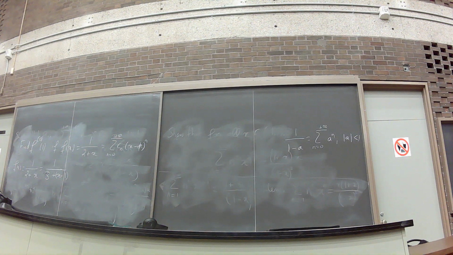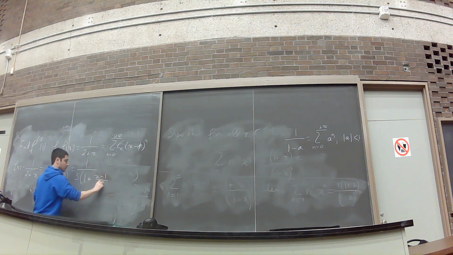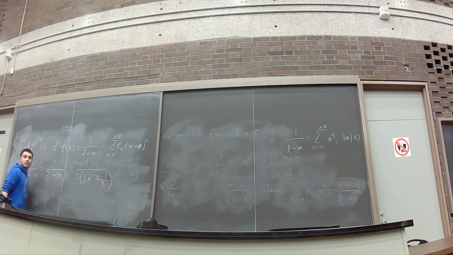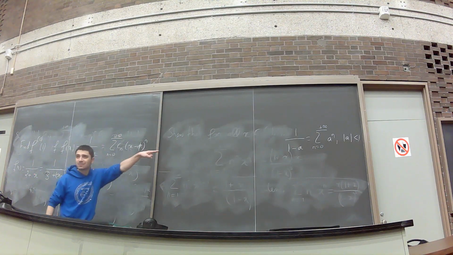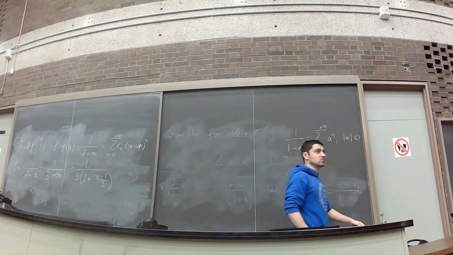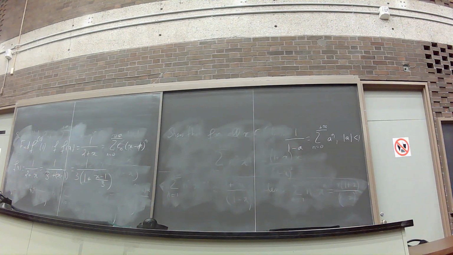How do we do this? Let me factor 3 out. Now that's nice. I can apply the geometric series formula, perhaps if I put a minus. Do you agree or not?